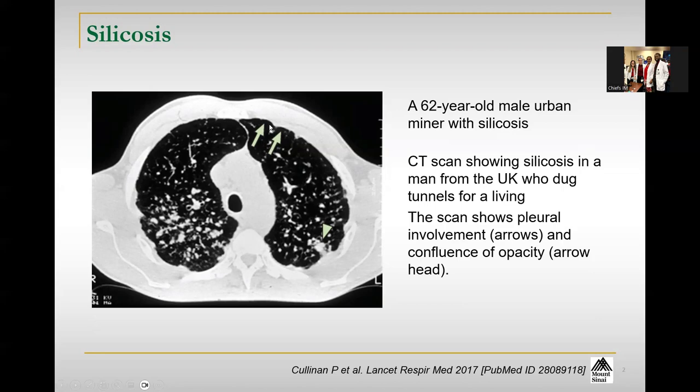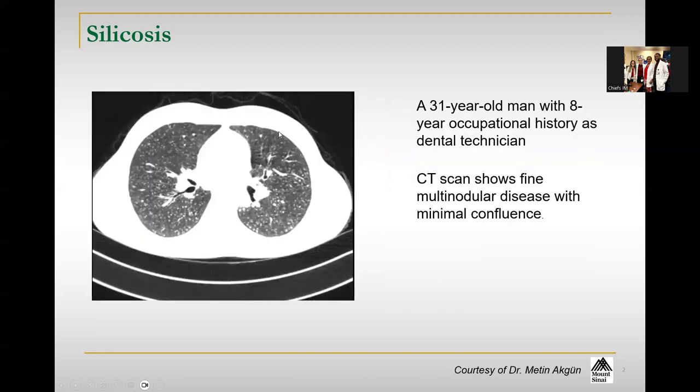However, when there are subpleural nodules and they coalesce as they do here, it can produce a pattern or an image that some people call pseudoplaques, that suggests pleural thickening, but is due to the coalescence of parenchymal, subpleurally located nodules.